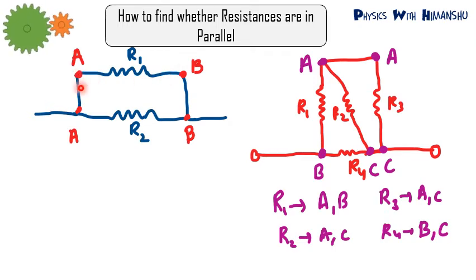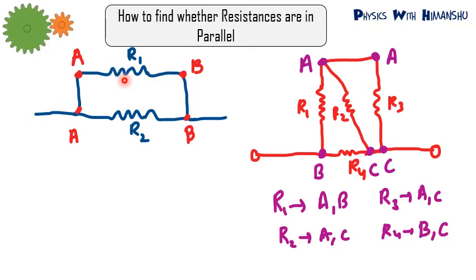From this point to this point, there is no resistance, no battery, no switch, so this point will also be A. Similarly, if this point is B, then from this point to this point there is no resistance, no battery, no switch, so this point will also be B. On the left-hand side of R2 the point is A, on the right-hand side B. The points across both resistances are the same, so they are connected in parallel.